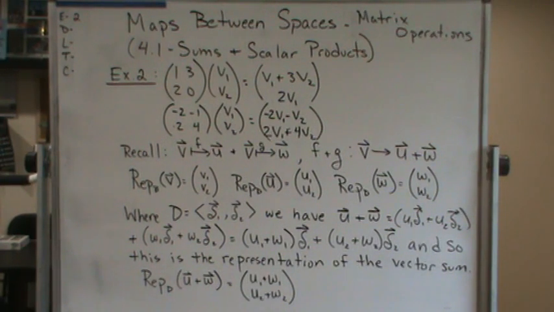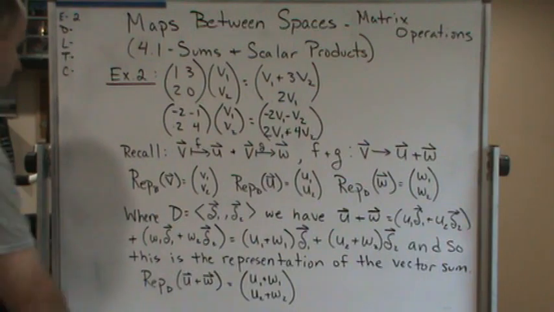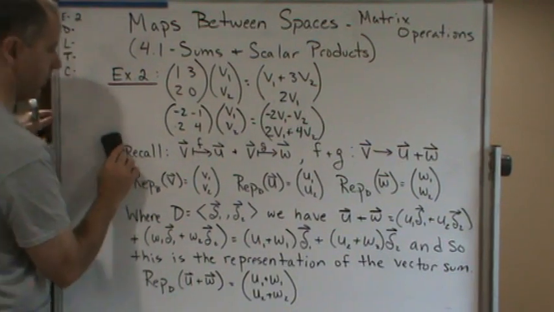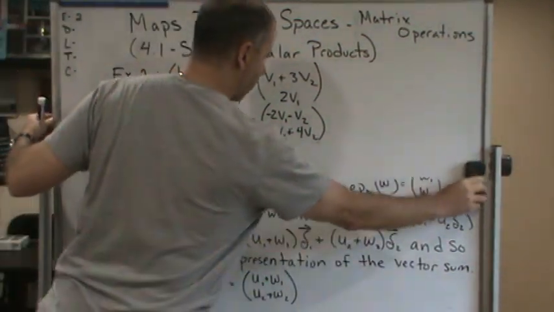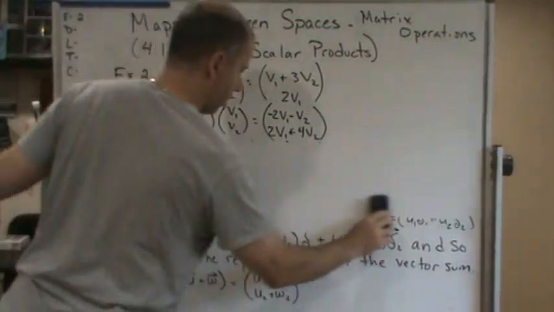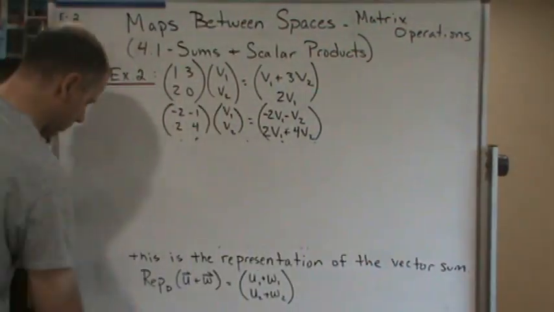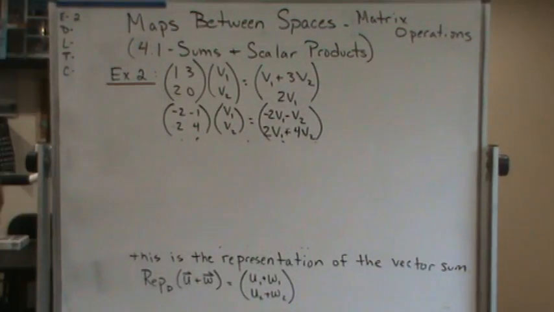Okay, now, adding the entries represents the action of the map f plus g. So let's write that.